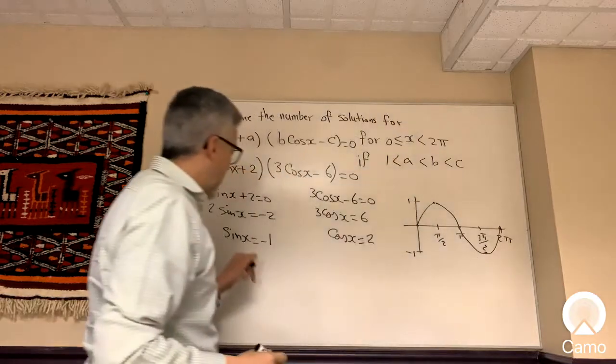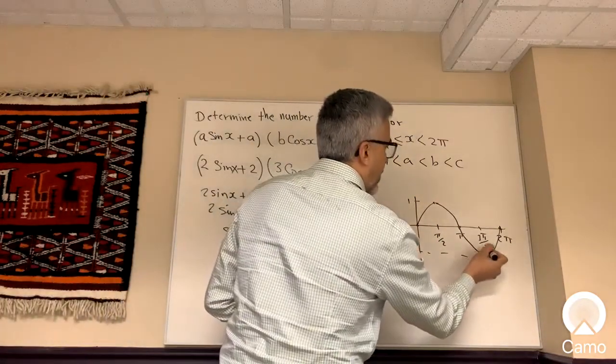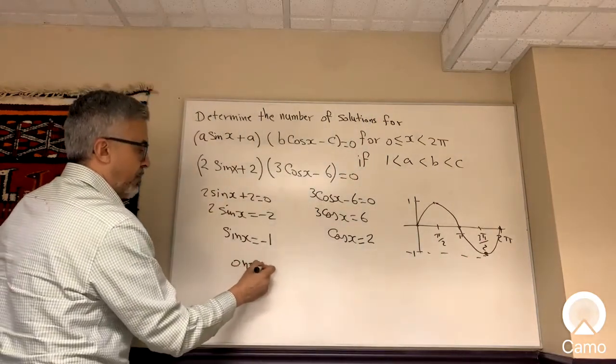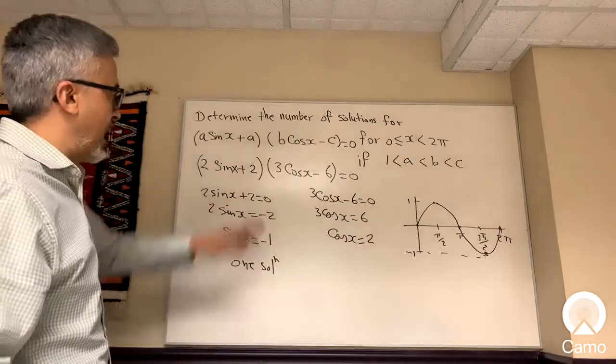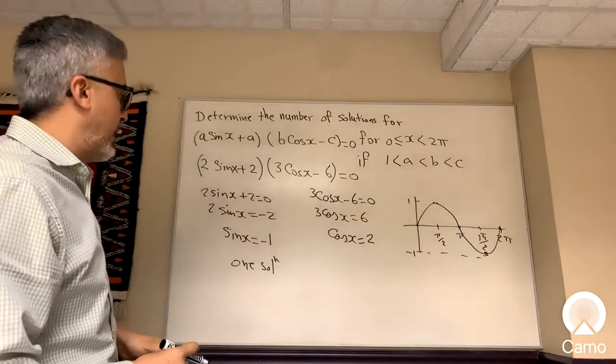Sine x equals -1 between 0 and 2 pi, just there. So you have one solution, just one solution for this one. You don't have to tell them what the solution is. It's 3 pi over 2, but they're asking you the number of solutions, not what the angle is.